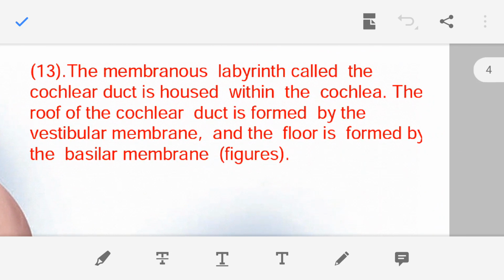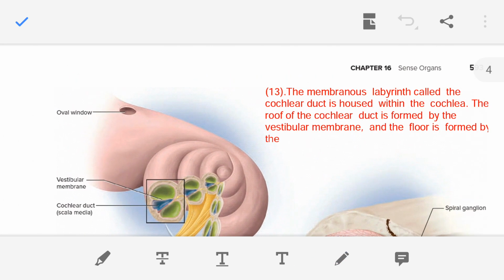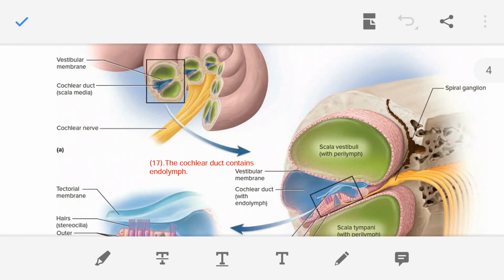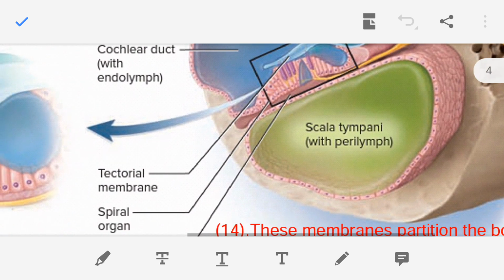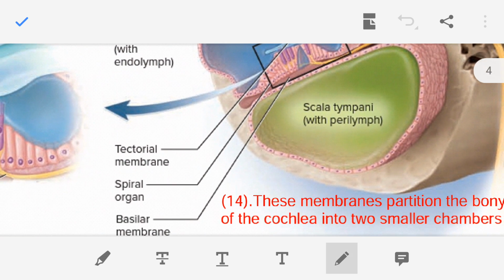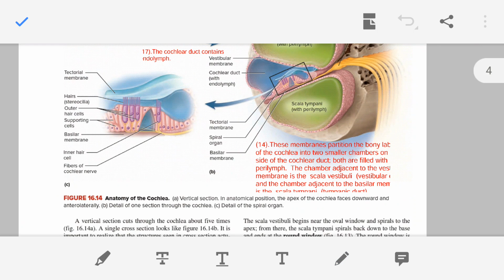And the floor is formed by the basilar membrane. This one is the floor, and this floor is made up of the basilar membrane.